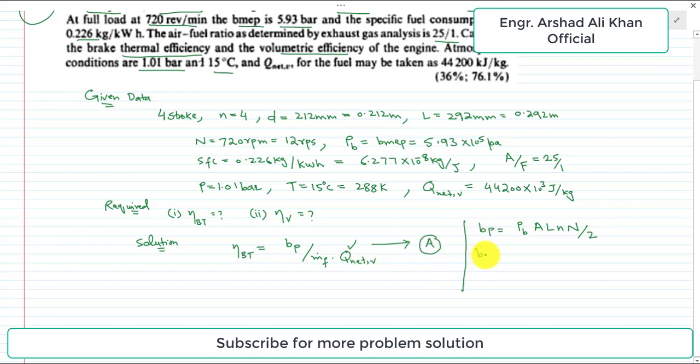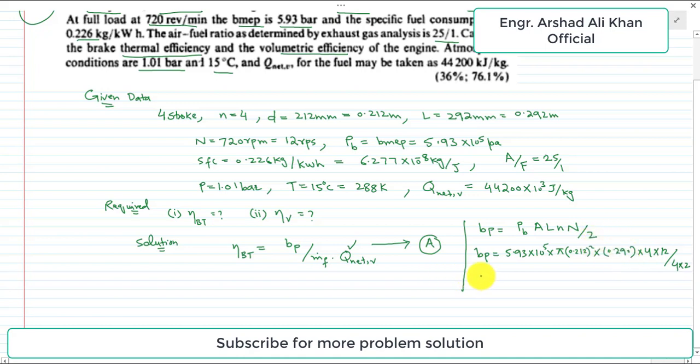So putting the values in this, brake power is equal to 5.93 into 10⁵, into A, which is pi by 4, d square, d is 0.212 square, into L, L is 0.292, into n, number of cylinders, 4, into 12, which is the engine speed in RPS, revolution per second, divided by 2.